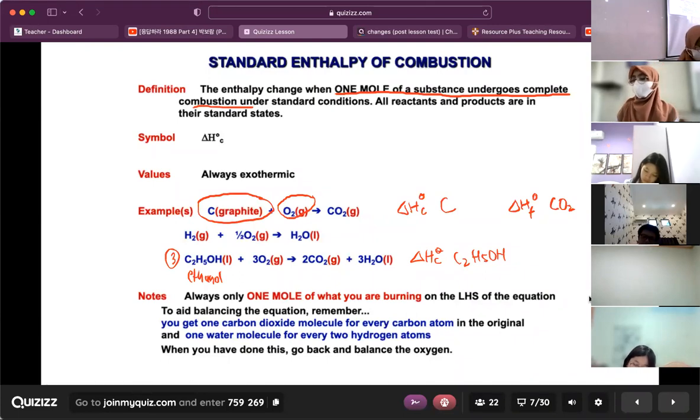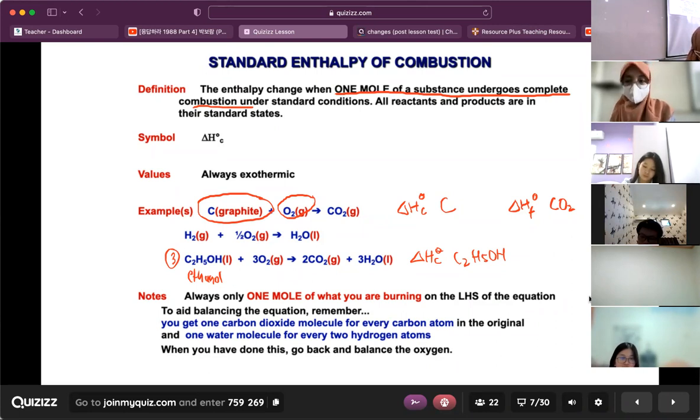But if you want to write down enthalpy change of combustion of a substance, you have to write down the reactant. What is burned? So here you burn graphite, carbon. So it must be delta Hc of carbon.